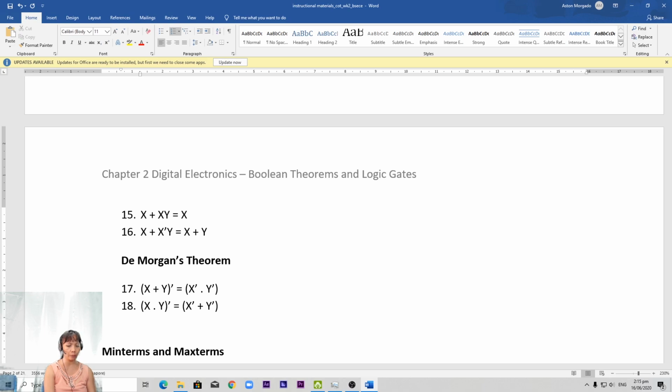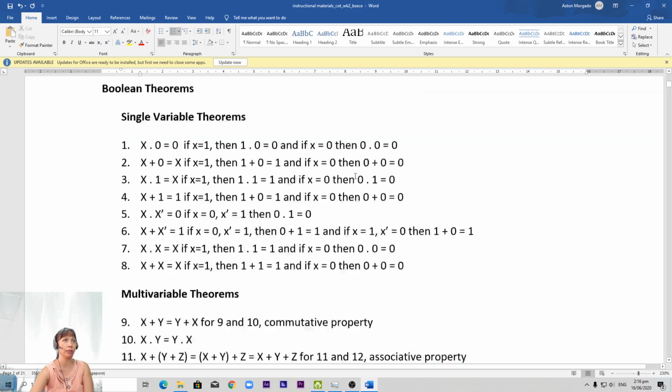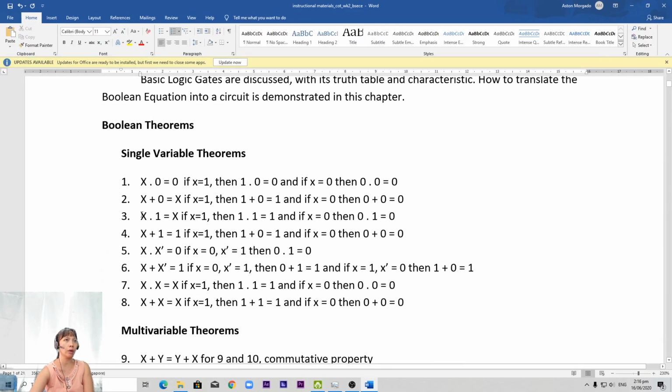For x plus xy is equal to x, why is that? We can use some algebra here. We can factor out x, so it becomes x times open parenthesis 1 plus y close parenthesis.